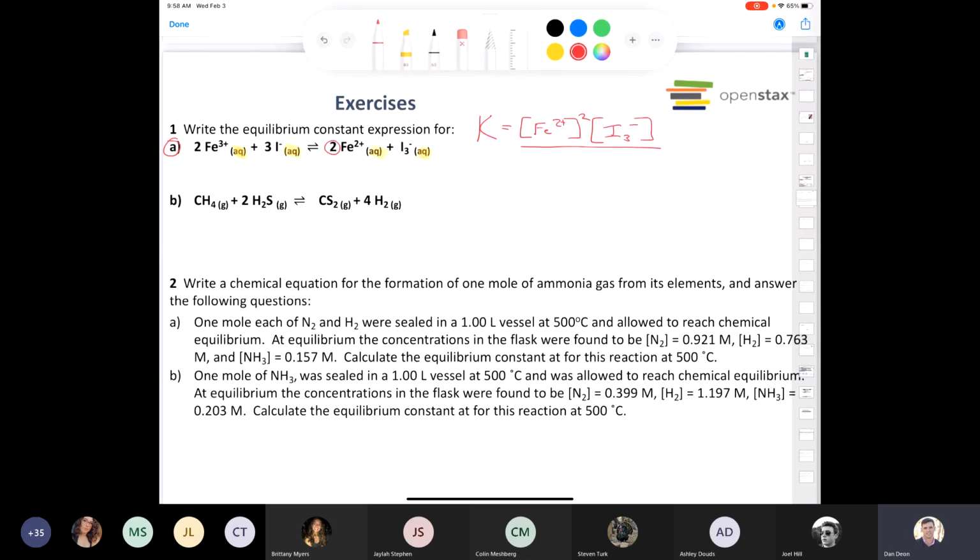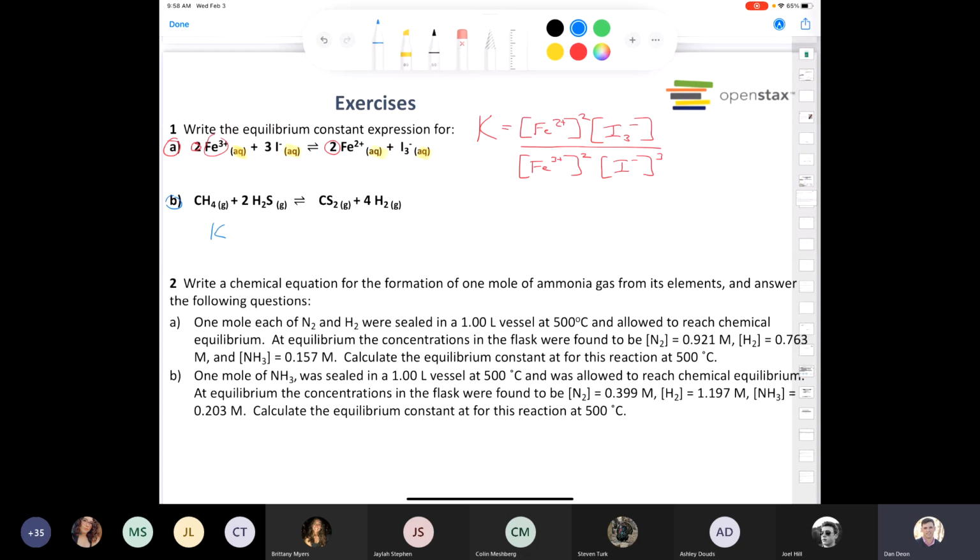We'll leave the 1 out. Divided by the concentration of Fe3+ to the power of 2 multiplied by I- to the power of 3, like that. Okay, there we go. Now that you've seen it done, you could try writing one for this reaction right here.